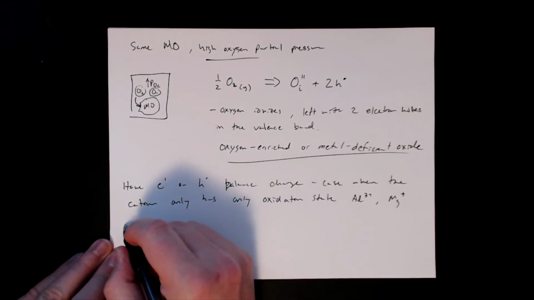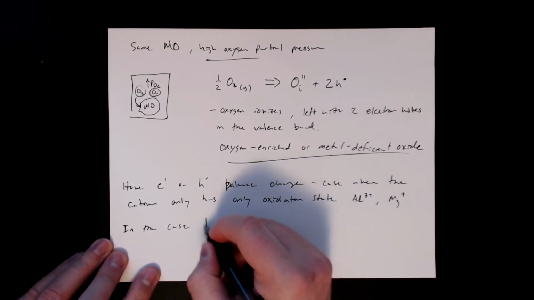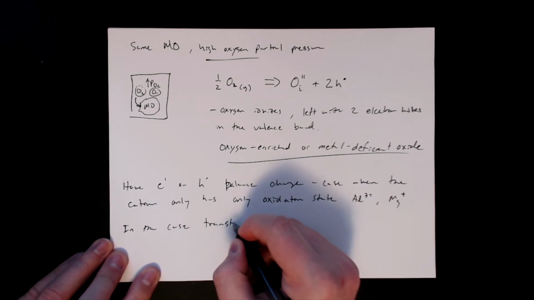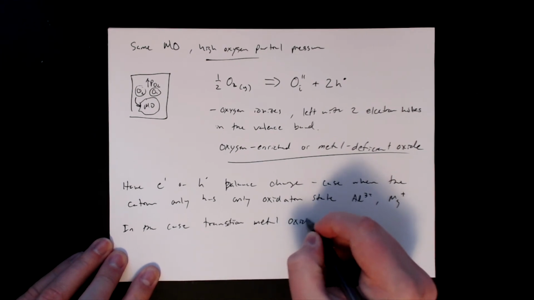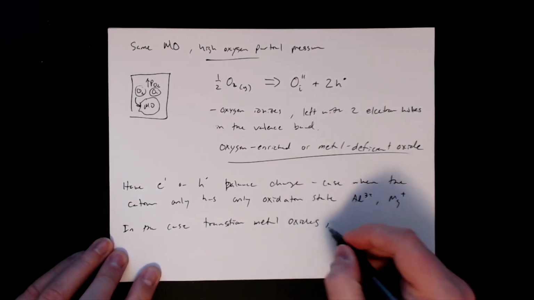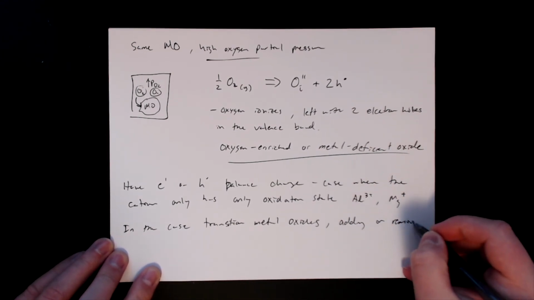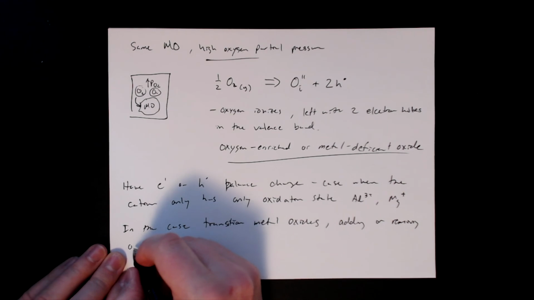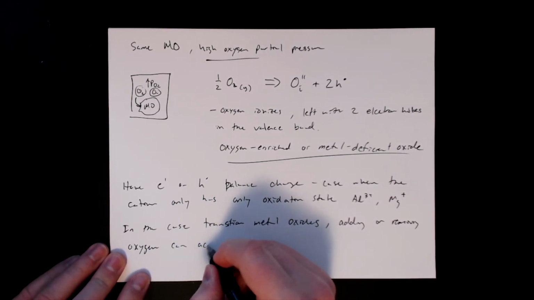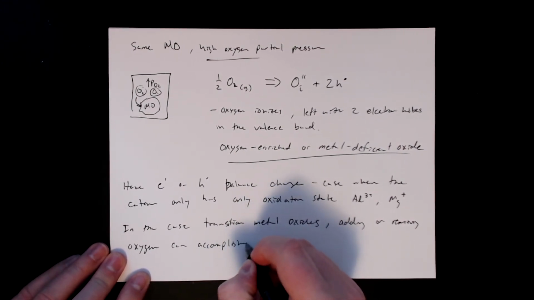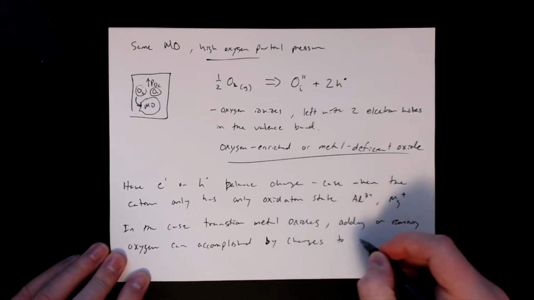However, if we're dealing with cases involving transition metal oxides, then adding or removing oxygen can also be accomplished by changes to the oxidation state.